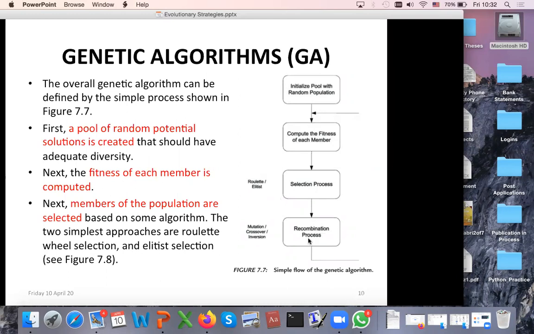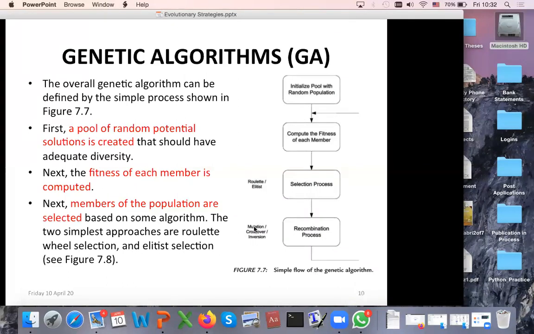In the recombination process, according to our knowledge of the previous session, we have three operators in it. These are mutation, crossover, and inversion. So we have to apply these three operations here in step number 4, and then we will get new members.